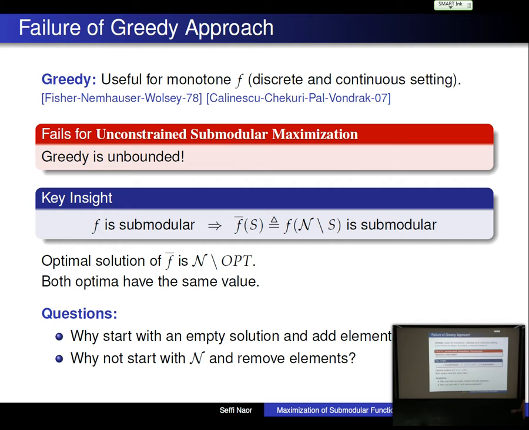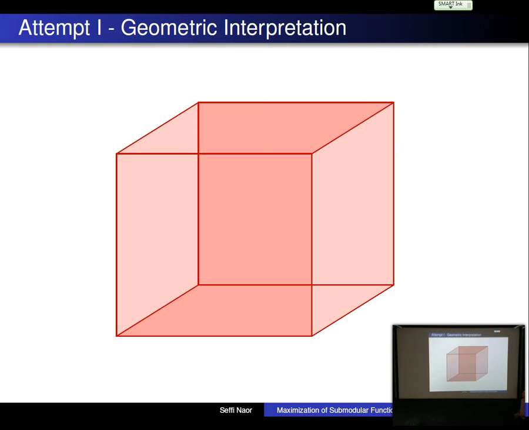Another way of looking at the greedy algorithm is to start with a full set and then iteratively remove elements from it. Both algorithms don't seem to be working very well for non-monotone functions, but let's do a combination of the two algorithms.